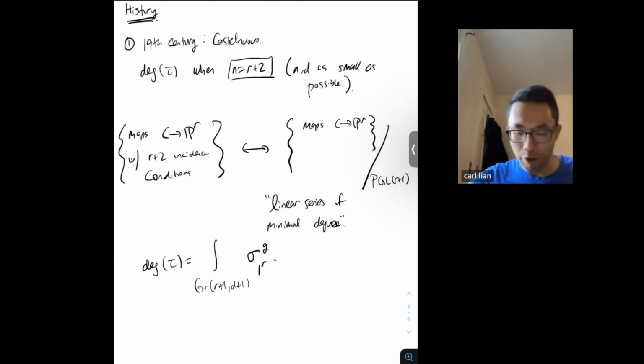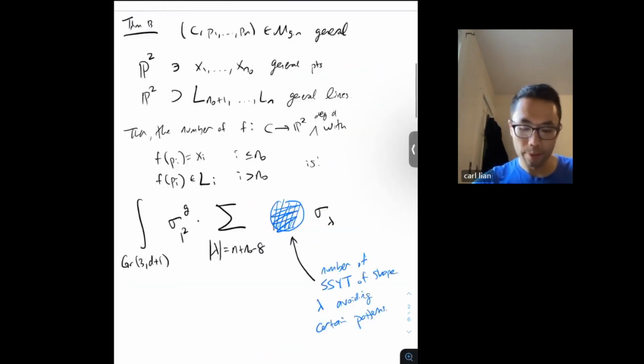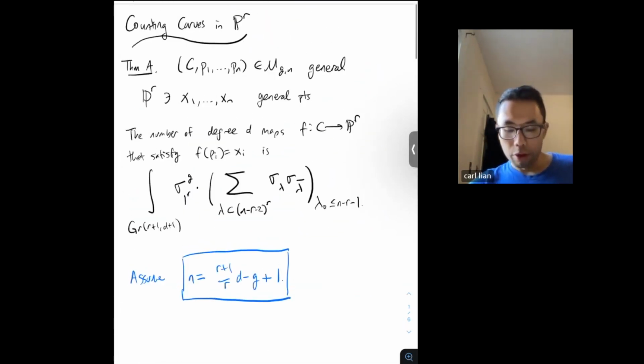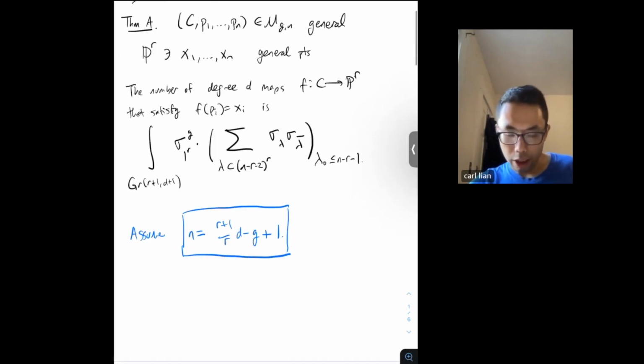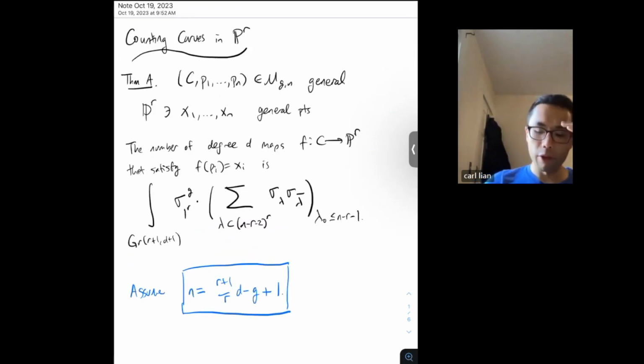And let me just mention, so I'll go back to my formula for theorem A. Notice that when n is equal to r plus 2 in this formula, I have a lambda inside some box of size n minus r minus 2 to the r. Okay, so whatever that means, this n minus r minus 2 is 0. So actually, this second term with the sum just goes away, and what you're left with is sigma_1 to the r to the g.